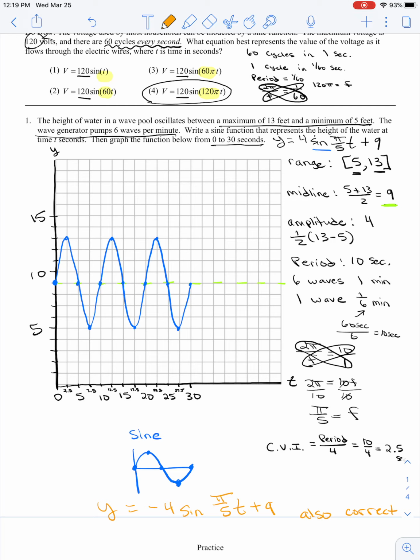So if you had written the equation y equals -4 sine pi over 5t plus 9 and graphed that, so when you graph that, if you had started at the midline and then made your first point at a time of 2.5, if you had made your first point at 5 and then continued to graph from there, that would have also received full credit.